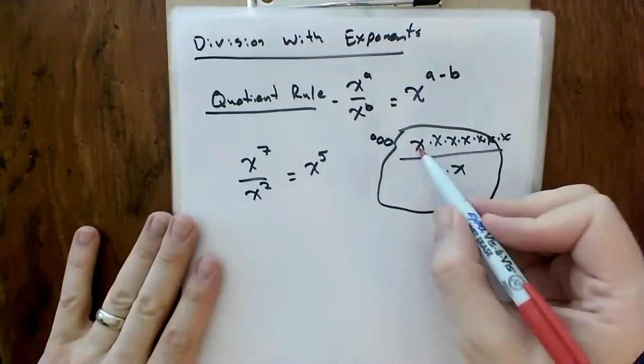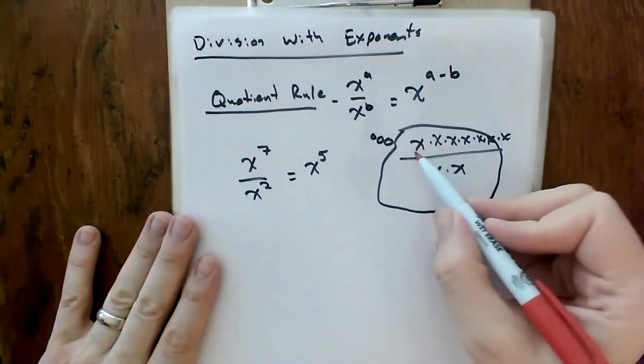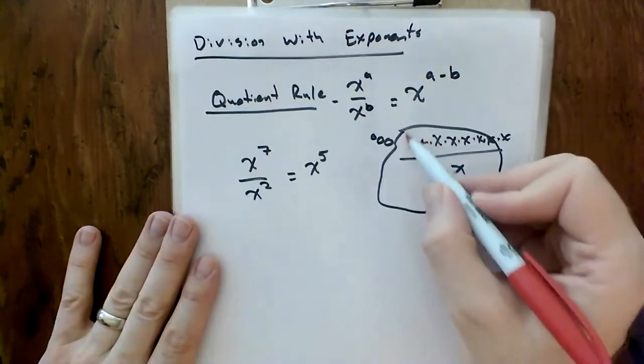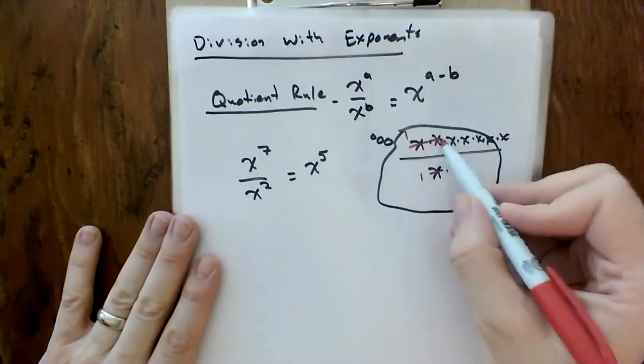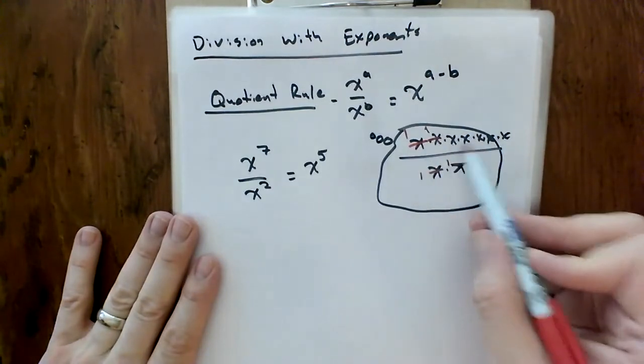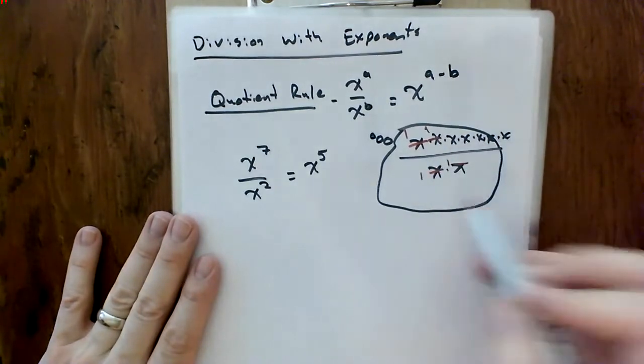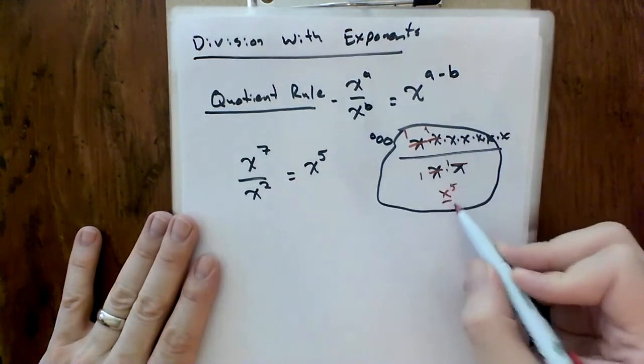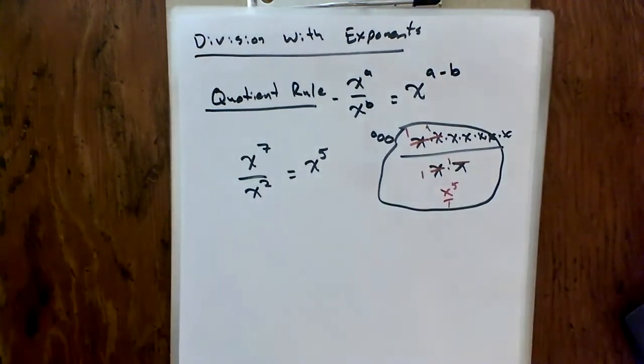Anytime I've got two terms that are the same, I am essentially dividing them out. x divided by x is 1, and I can do that 2 times. So I'll have 1 times 1 times x times x times x times x times x, well, I'll have x to the 5th over 1. And that's that.